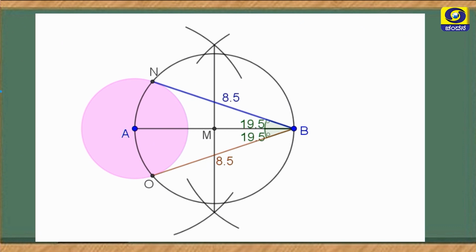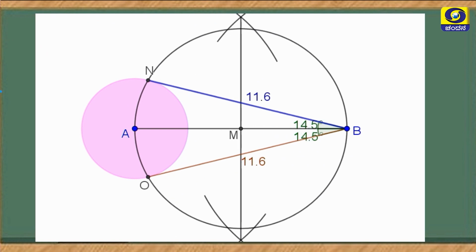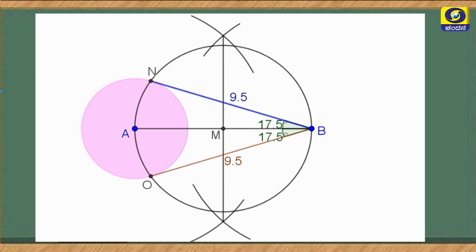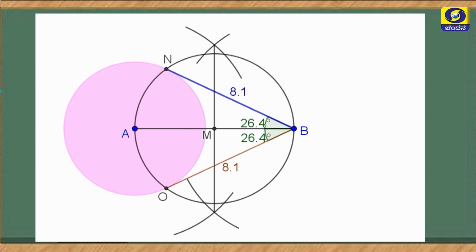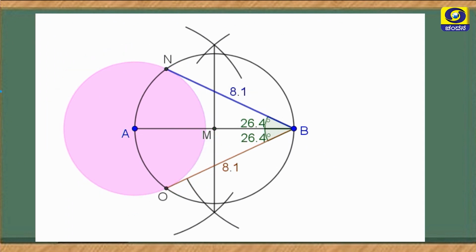You can observe that the lengths of the tangents are equal, and also the angles of inclination of the tangents with the line segment that joins the center and the external point are equal. I am changing the position of the external point as well as the radius of the circle.